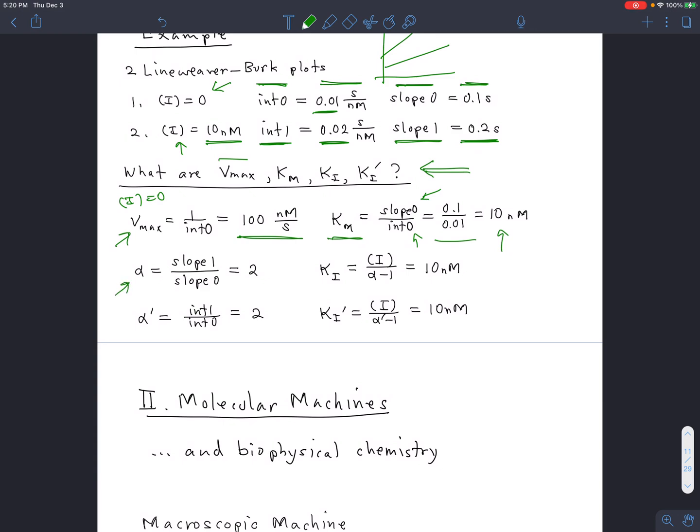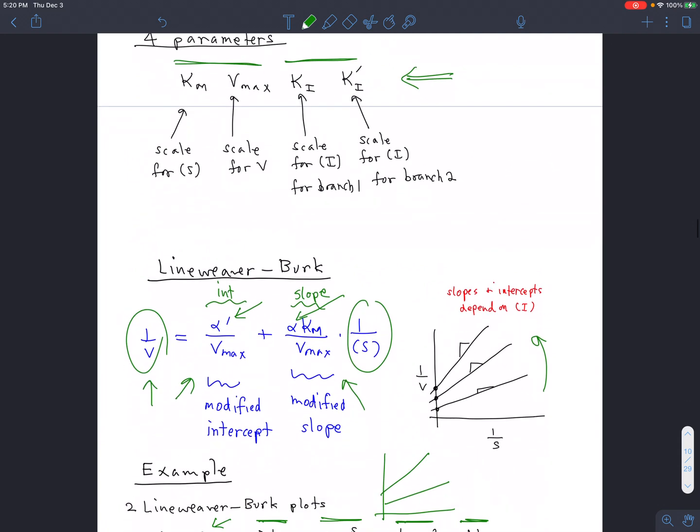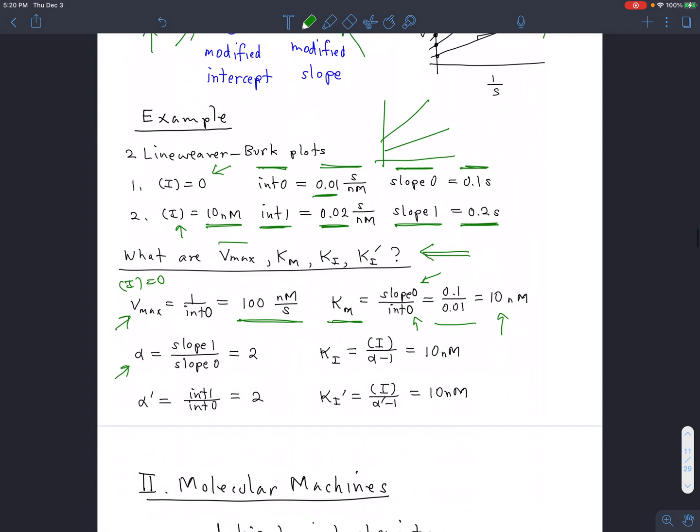The alpha value is equal to, you can see it in the formula up here, this is the slope, and so if you take the slope when alpha is equal to 1, that is when I is equal to 0, and divide it into the slope when there is inhibitor present, then you get the value of alpha, and in this case that's 0.02 divided by 0.01, which is 2.